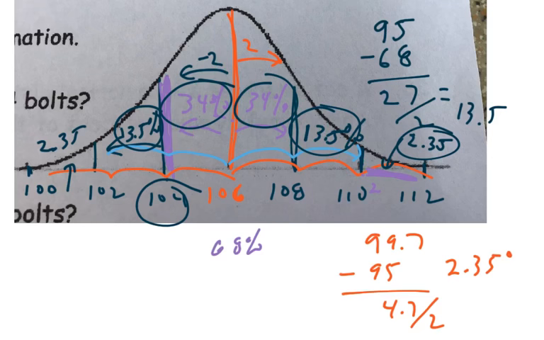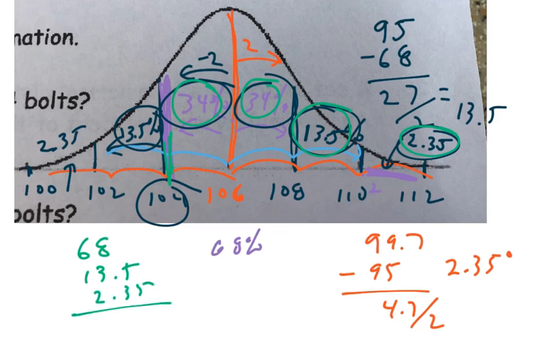So if I'm going from here to the highest value, all I need to do is add 34, which is 68, with 13.5, and with the remaining 2.35. This is going to give me a very good estimate according to the empirical rule.